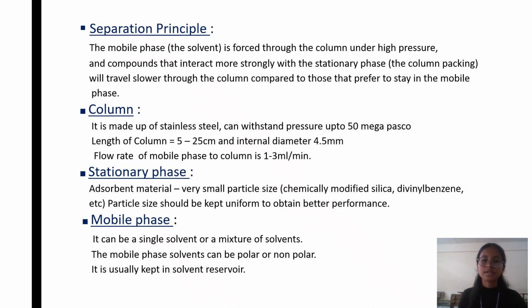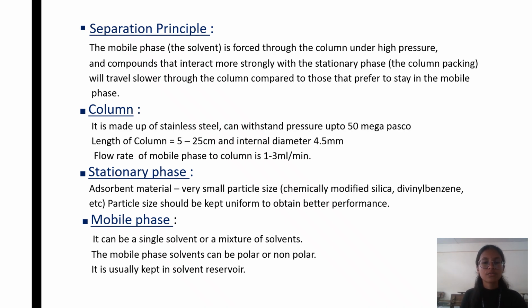So the column is filled with adsorbent material which has very small particle size, large surface area and high resolution. It is usually made up of stainless steel which can withstand pressure up to 50 megapascal. The length of the column will be 5 to 25 centimeter and the internal diameter is 4.5 millimeter.